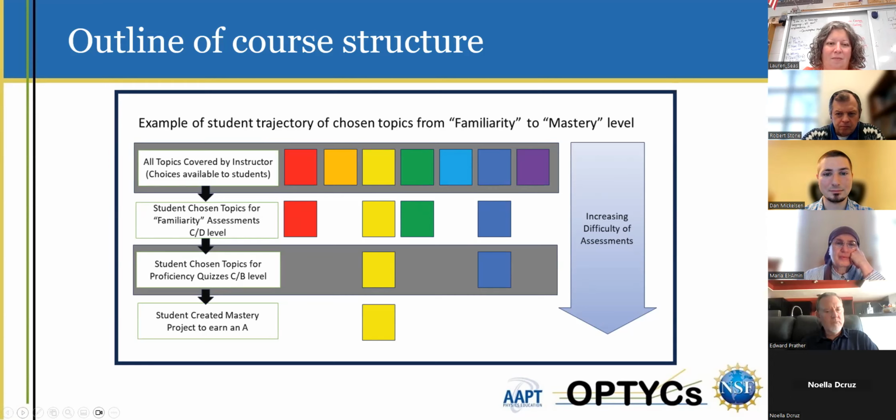But of course, the mastery level required multiple meetings one-on-one with the student to determine what should the question be? What's an appropriate question? How do you go about answering that question in a reasonable manner, in a manner that's appropriate to the question and to the application? So in that respect, I would say that probably was a lot more work.